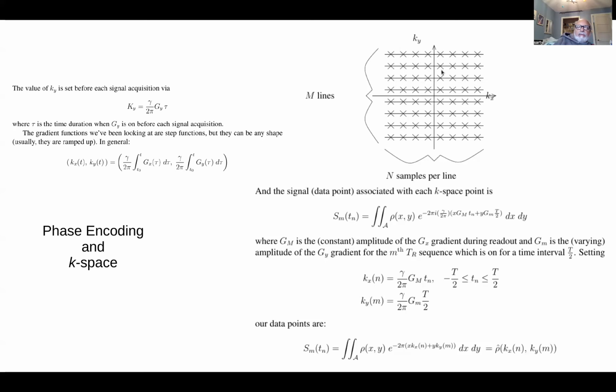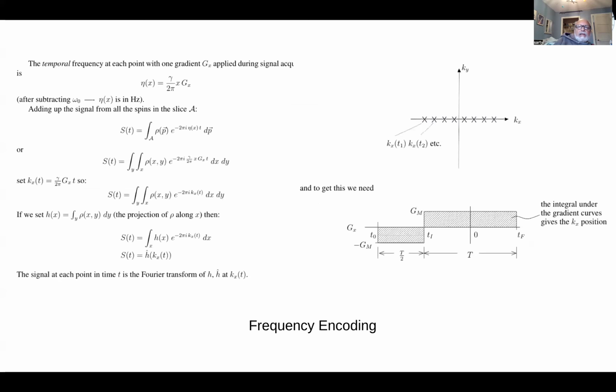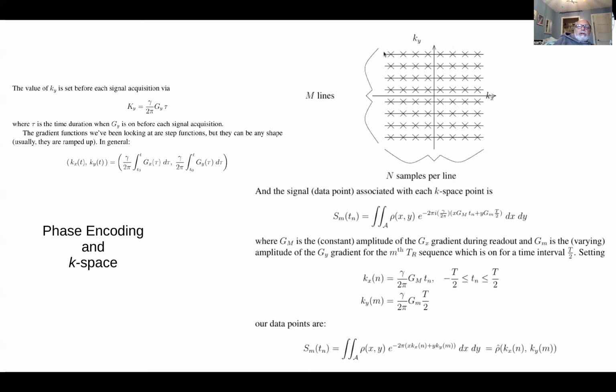Basically, the KY phase encoding prepares your spins up here to be in a particular KY position. Then as you measure it with frequency encoding, you measure sample points along the KX direction. So with each TR, you're going to be at a different KY position.